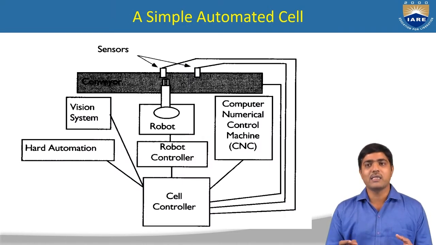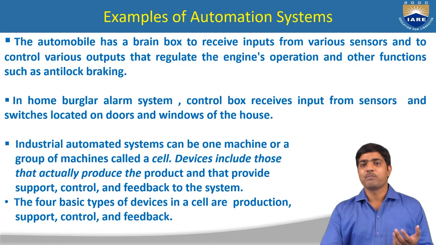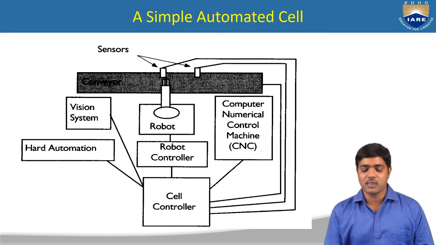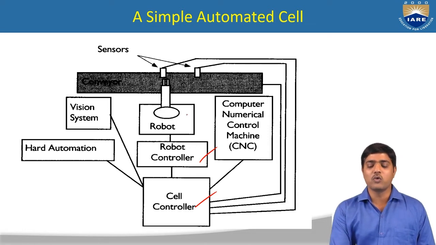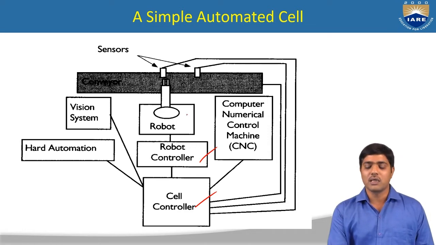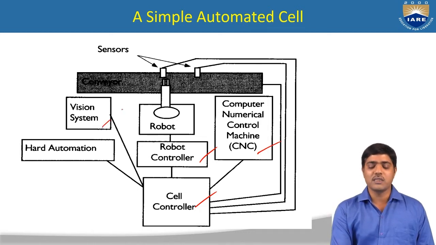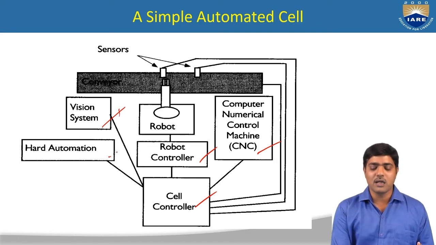As we already discussed, in a cell there will be four systems: production, support, control, and feedback. In this example, you can see the cell controller unit, and here you have the robot controller. This robot is going to perform the task, and the CNC machine is also going to perform the task. The vision system is going to give the feedback, and this is hard automation.